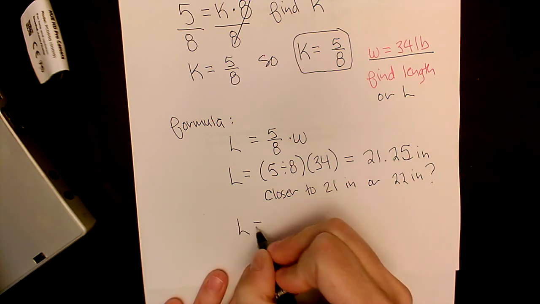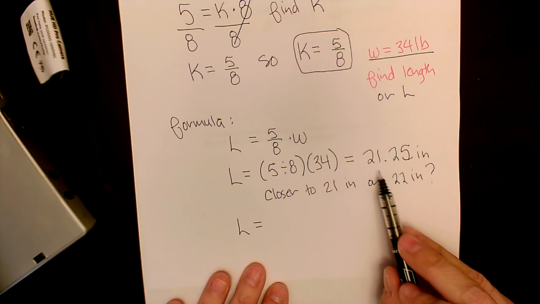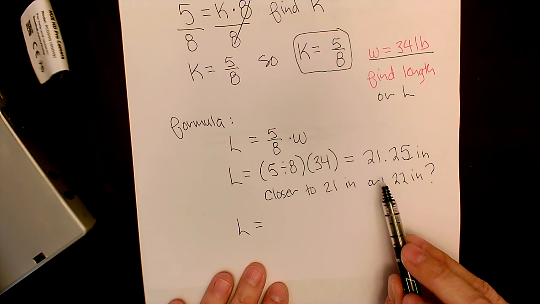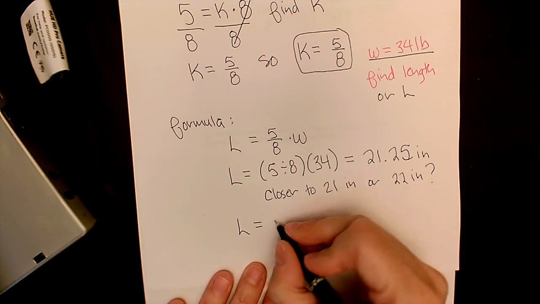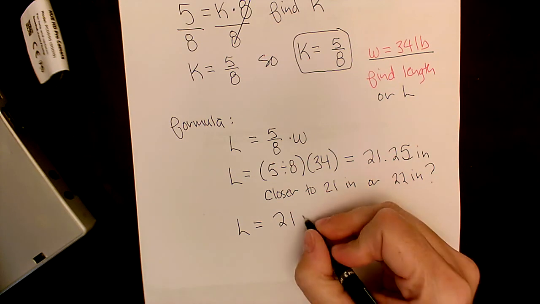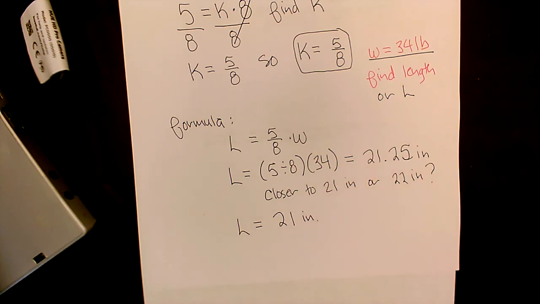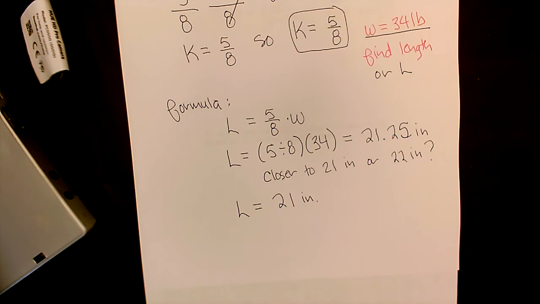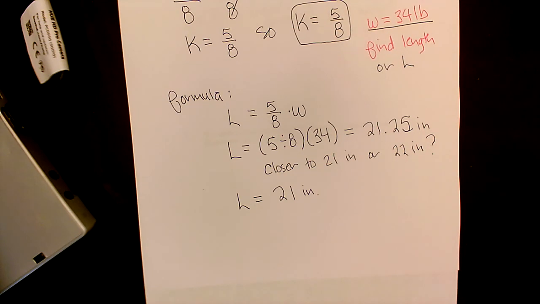Well, even if we look at it in terms of money, $21.25 is closer to $21. So L is just 21. And so you're going to fill in the box in Hawks with a square around 21.